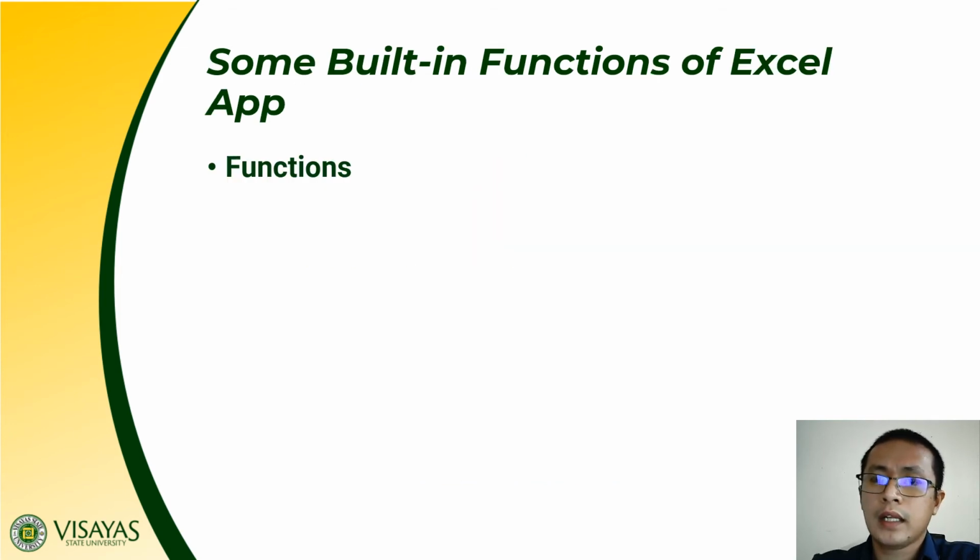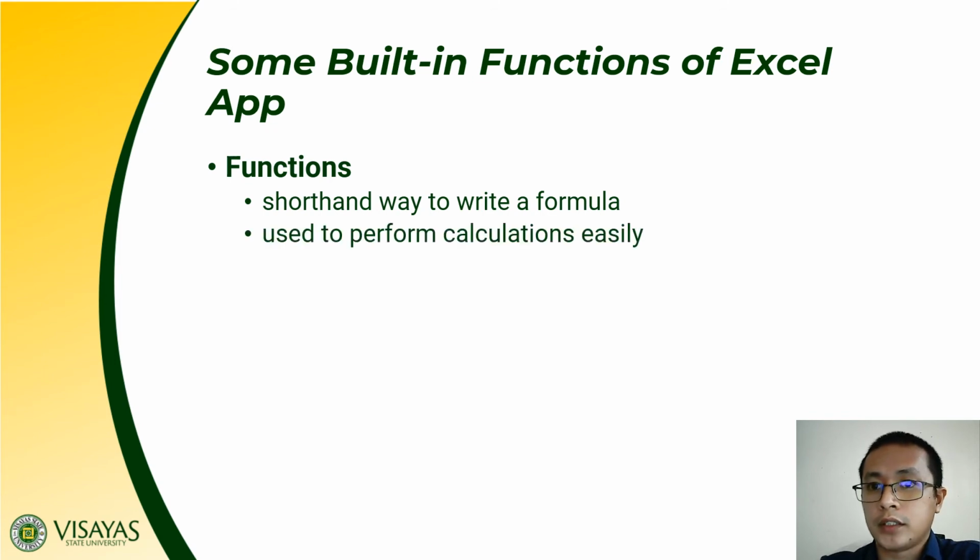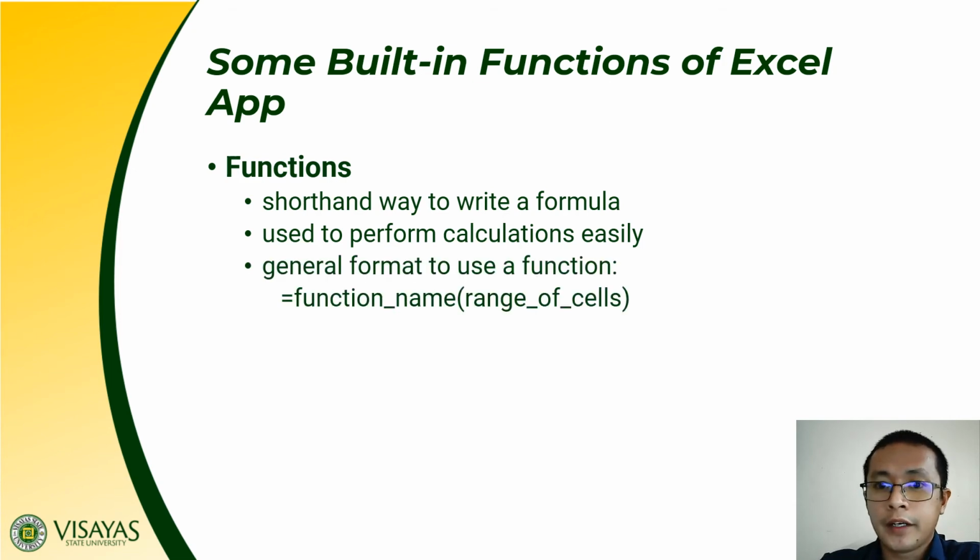Now Excel contains some built-in functions which are shorthand ways to write our formula. So it allows us to create shorter formulas as compared to when we are not going to use functions. And it is used to perform our calculation a lot more easily. And here's the general format to use a function in Excel.